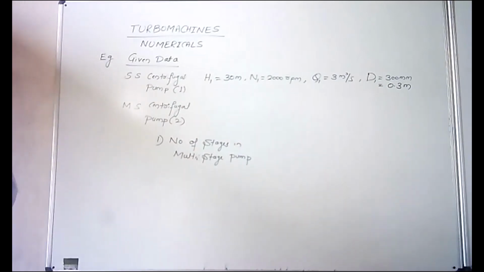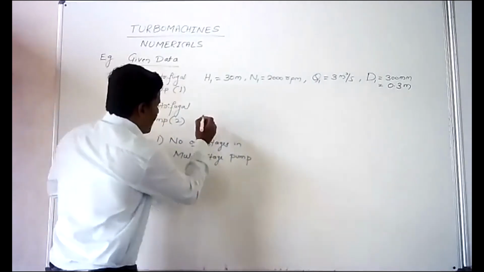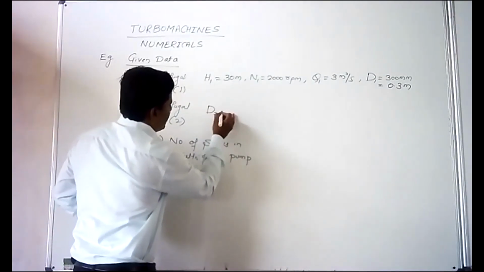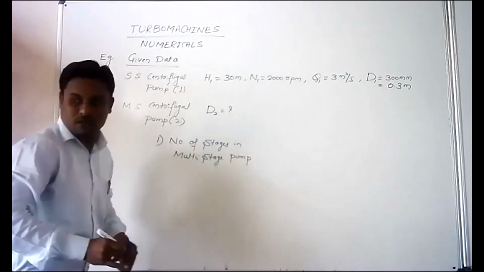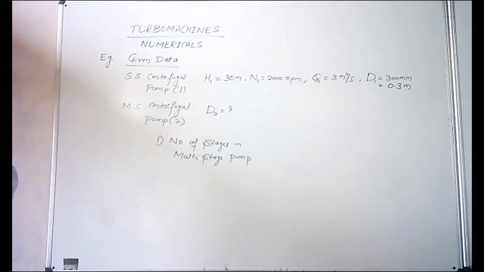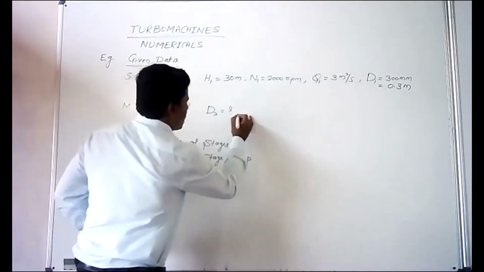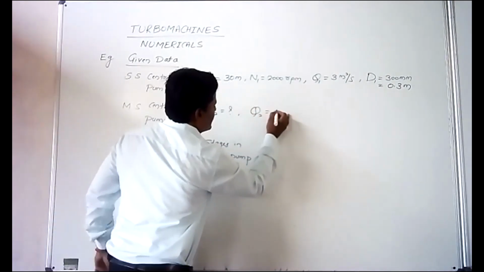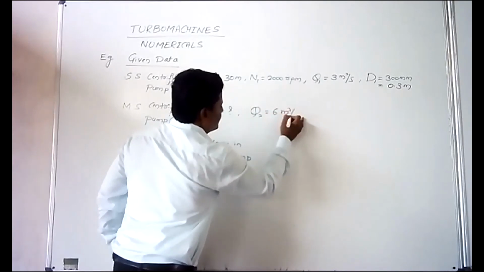Also, the diameter D2 of each impeller required to pump 6 meter cube per second.